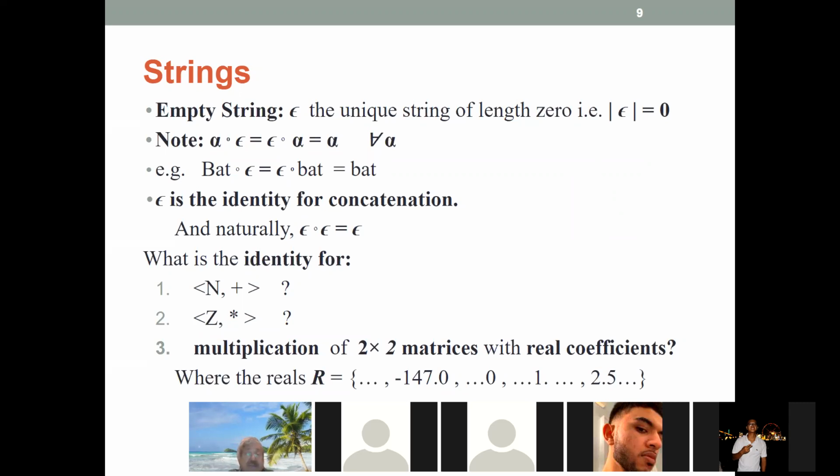The length of epsilon is 0. You can't see it. It's there. So alpha concatenated with epsilon is the same as epsilon concatenated with alpha, which is equal to alpha for all alpha.